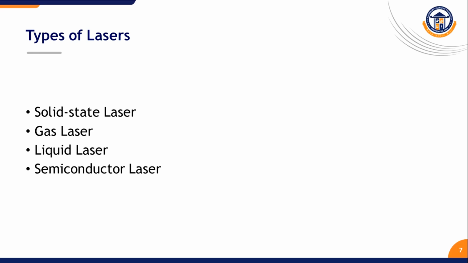And fourth one is the semiconductor laser. Here the diode lasers are used in CD and DVD players, laser printers and also optical communication. Each type has a different wavelength and application. For example, gas lasers are good for precise alignment, while solid state lasers are used for powerful applications like cutting and welding.